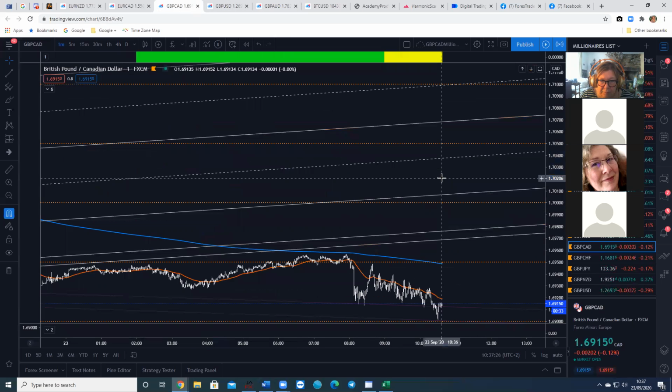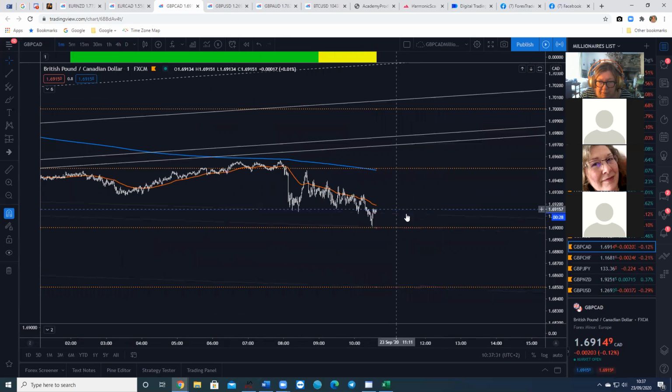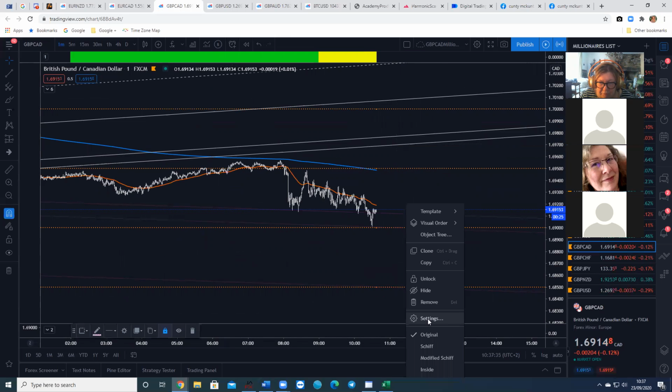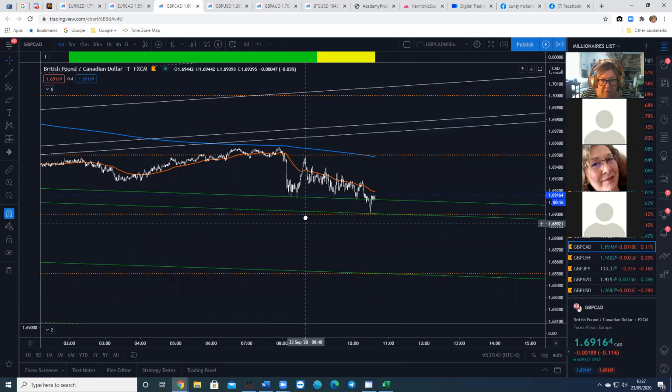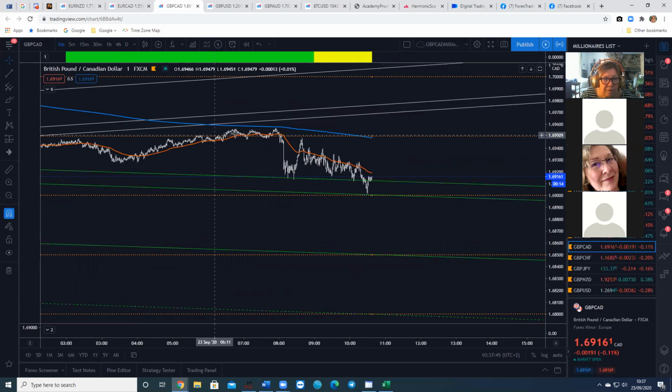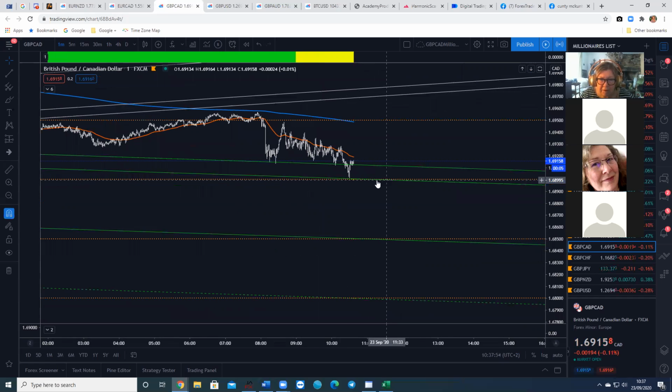GCAD has fallen out of that scan and has moved into this one. I'll turn it to green. It's just coming into, so all those rejections of quarter theory, and it's under the 62, it's coming into here, so there's a nice entry area potentially there.